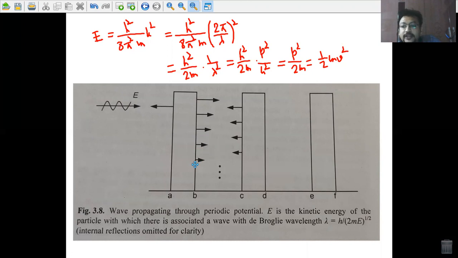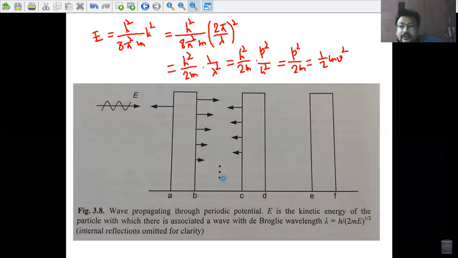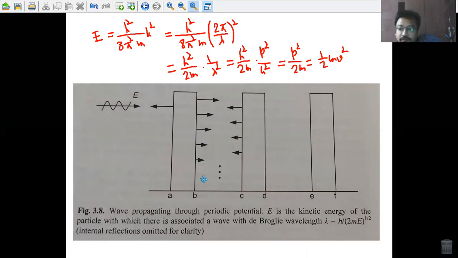Whether or not we have destructive interference depends clearly on the wavelength of the wave and of course on the spacings of the hills of the potential, and hence on the energy of the particle. Hence, we see qualitatively at any rate that for some energies the wave will not propagate because of attenuation.